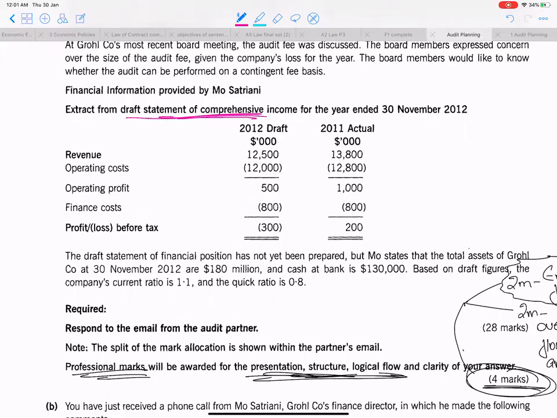If you calculate a profit margin, then let's see what is the profit margin. Like it's 500 divided by 12,500. So it's 4%. And if I divide 1,000 divided by 13,800, so this gives me 7.2%. So I can give a financial support.